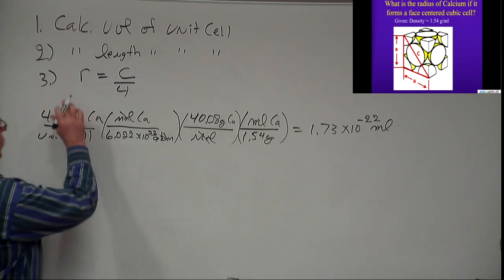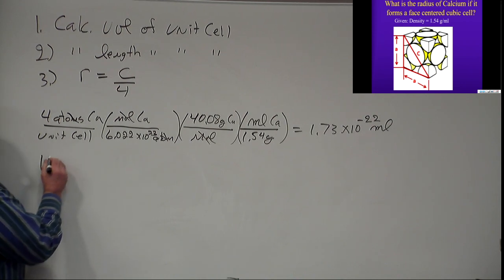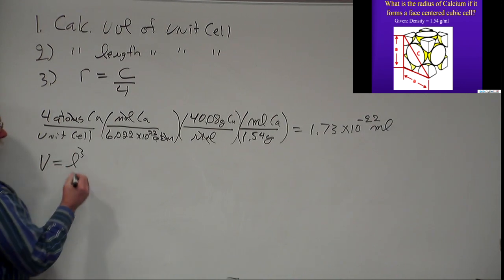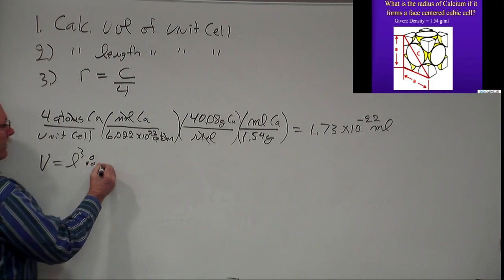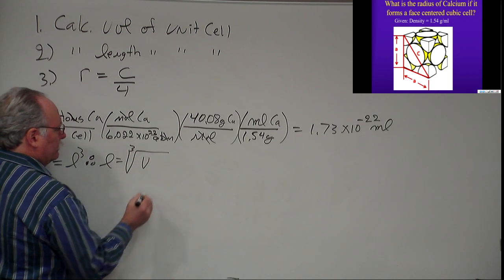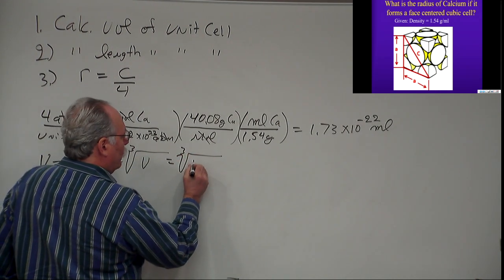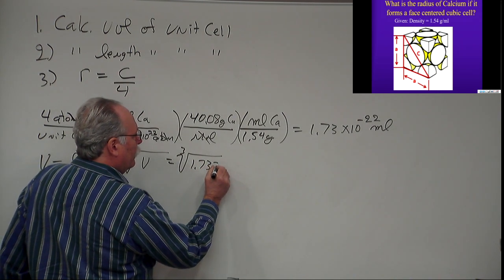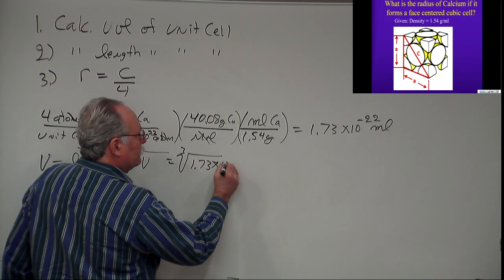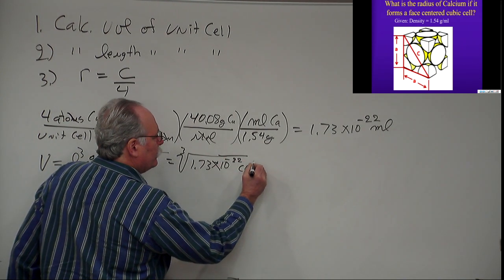Okay? Now, I want to convert this to length. So I can now say that for a cubic cell, the volume is equal to the length cubed. Therefore, the length is equal to the cube root of the volume, which is equal to the cube root of 1.73 times 10 to the minus 22 centimeters cubed.